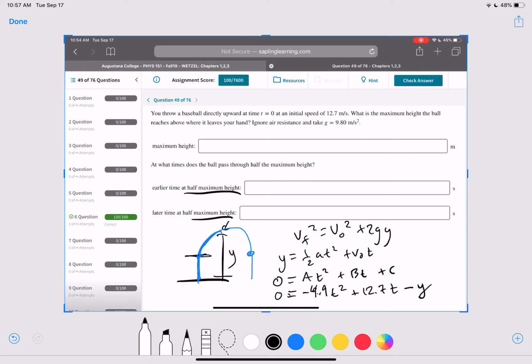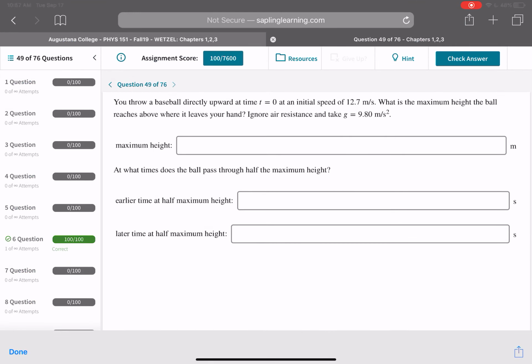In this case, we want y over 2. So negative 4.9 is a, 12.7 is b, and negative y over 2 is c. So you put those things together into the quadratic formula, and you'll get 2 values. T is equal to plus or minus blah. And you put the shorter time here and the longer time there. Okay, delete. All right.